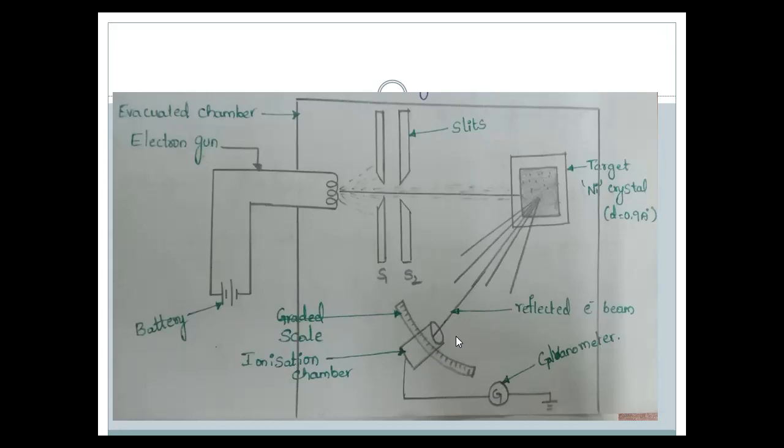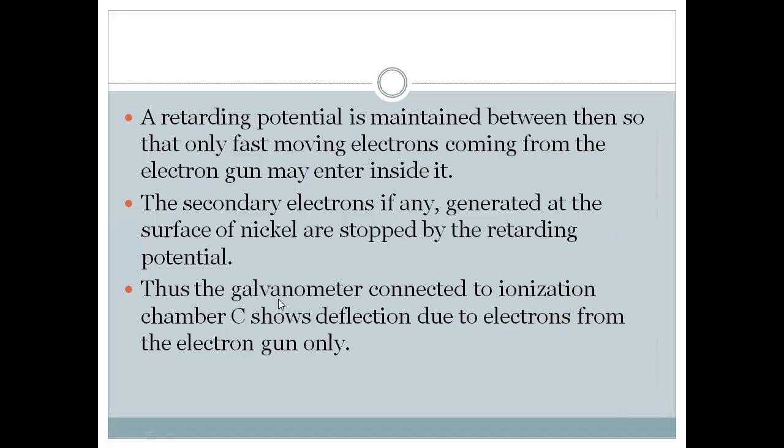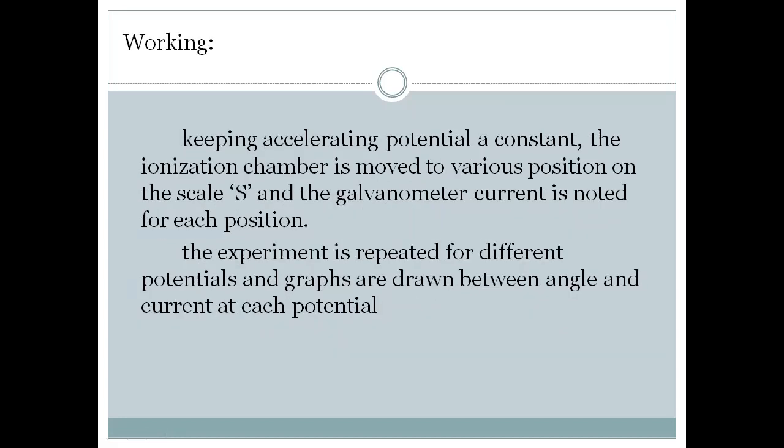So a retarding potential is maintained between them, so that only fast moving electrons coming from the electron gun may enter inside it, and the secondary electrons, if any, generated at the surface of the nickel are stopped by the retarding potential. Thus the galvanometer connected to the ionization chamber shows diffraction due to the electrons from the electron gun only. These are the experimental arrangement steps with which we can prove the existence of matter waves.